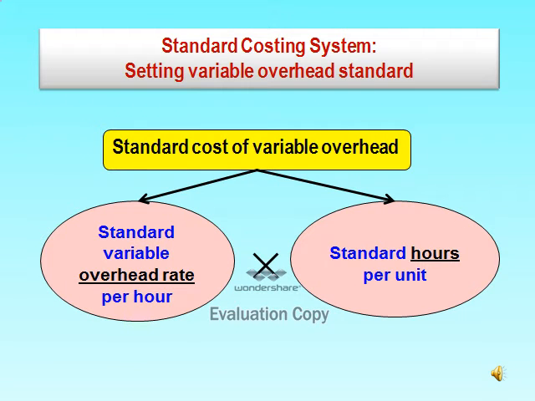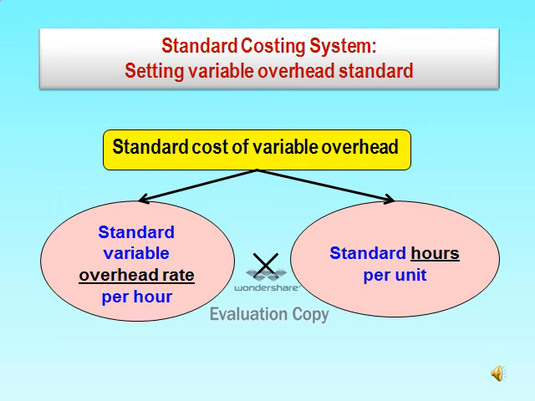Standard cost of variable overhead. Variable overhead is the indirect manufacturing cost that is variable. Examples of variable overhead include electricity needed to operate the machines, production supplies, utilities for the equipment, wages for handling and shipping of the product. You can use direct labor hours as a basis for computing an overhead rate.